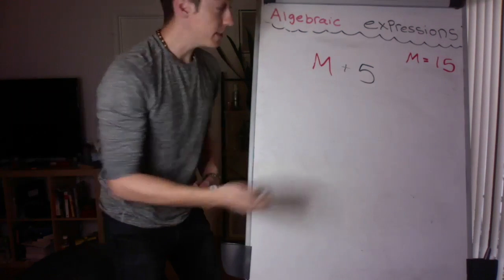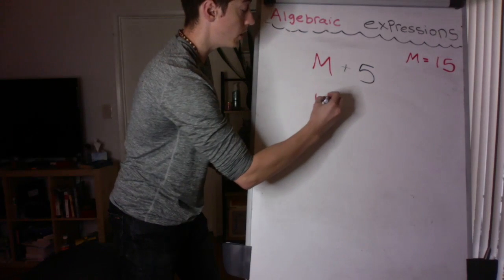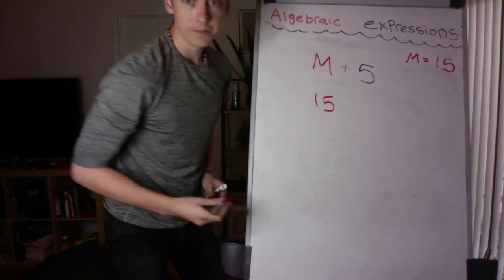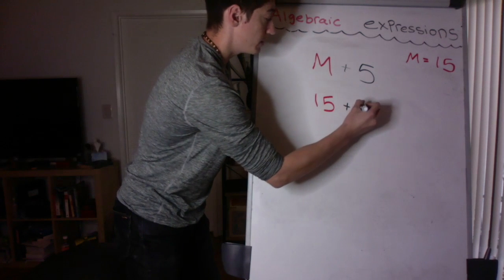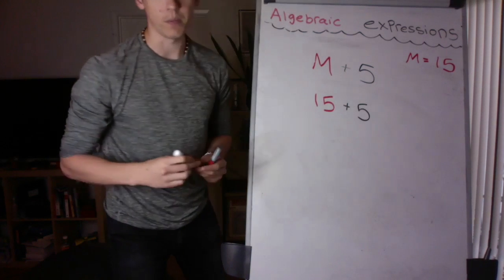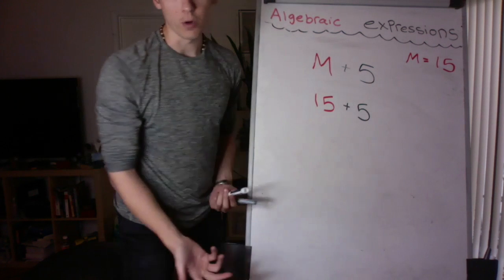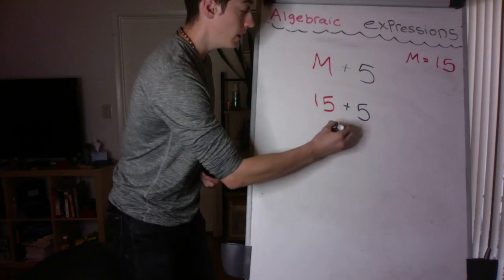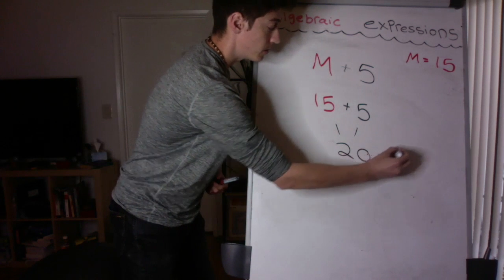So where I see M, I'm just going to switch it out with the number 15 because we know how much money is in the wallet now. And I'm going to write out the rest of the problem so you can see what the steps are going to be. So we're just going to be adding the money I have plus $5 more. And you can go ahead and simplify this. And so the answer will be 20.